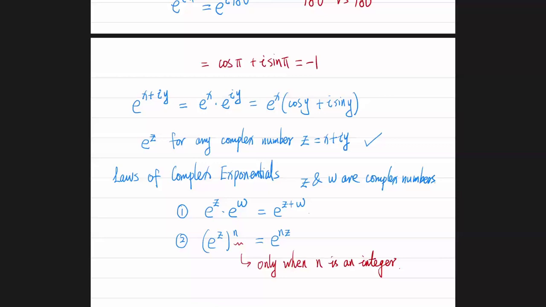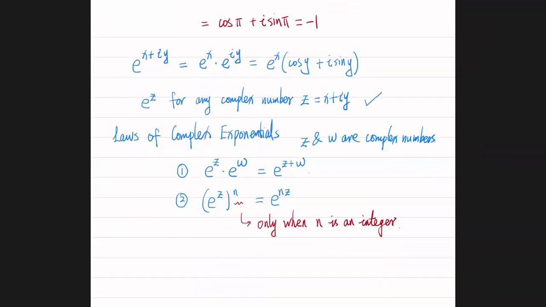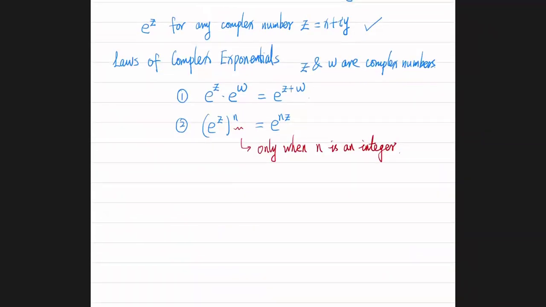As I mentioned before, the formula when this is a half is incorrect. The formula when this is a third or any fraction is incorrect. We can only allow an integer multiple for the exponent. In particular, we don't have the following formula.